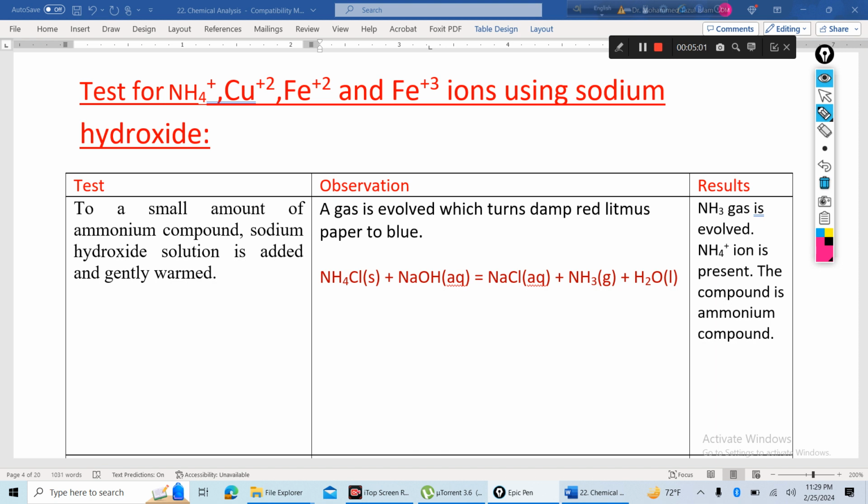The ionic equation will be ammonium plus hydroxide to form ammonia plus water.